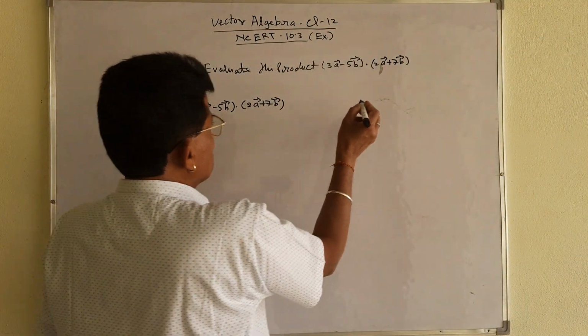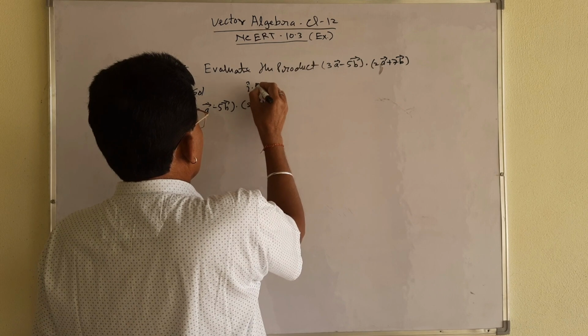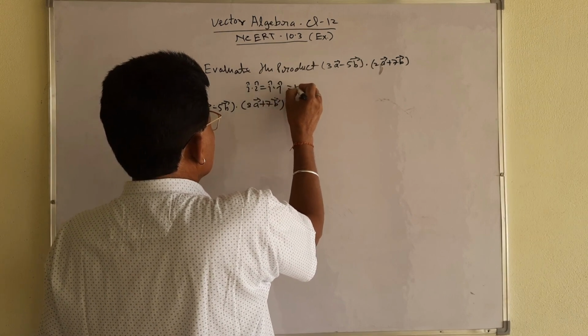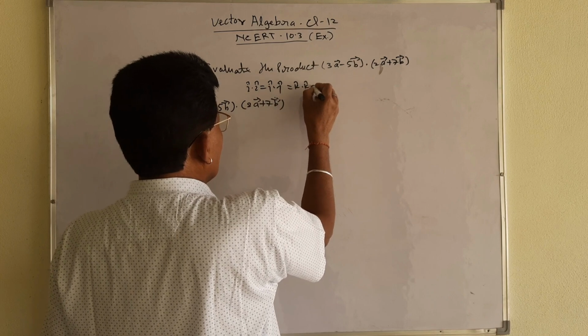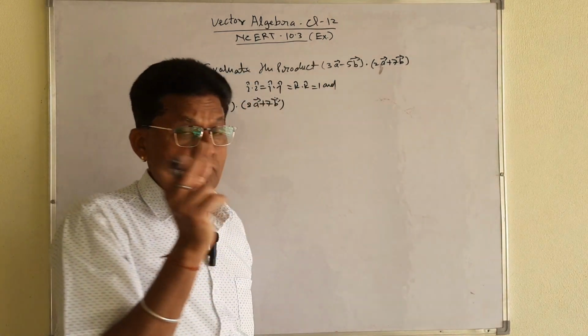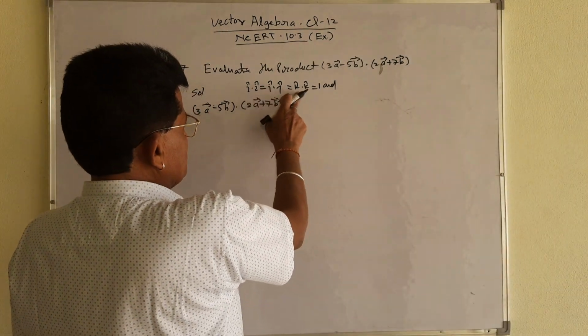Because you must use the condition, I am going to write i dot i is equal to j dot j. And I have discussed this well while I told you the definition of dot product of 2 vectors.